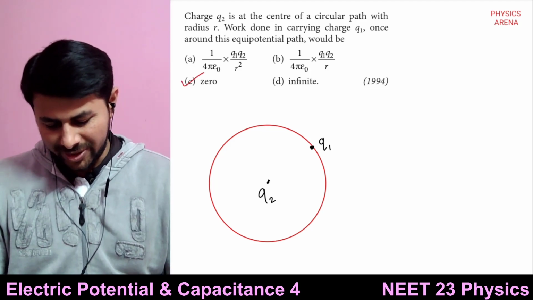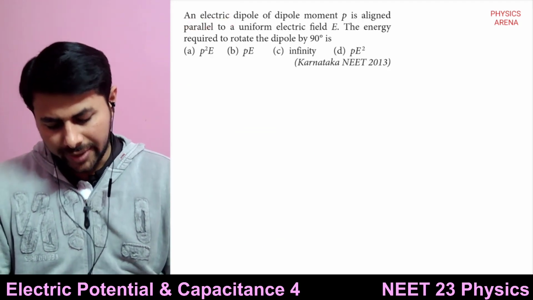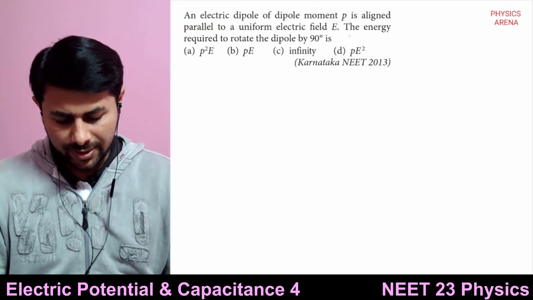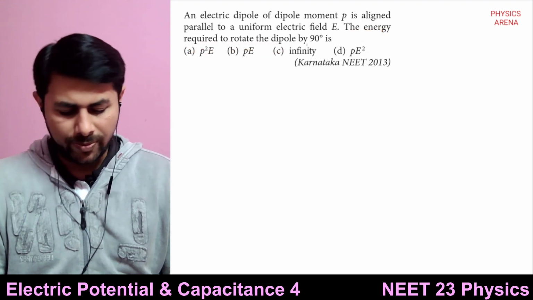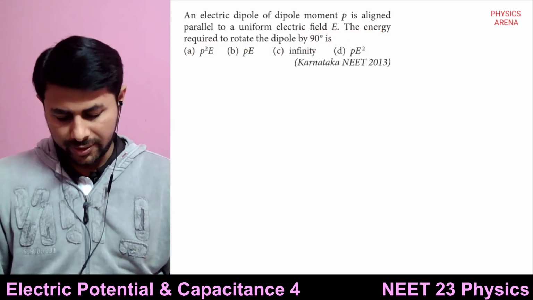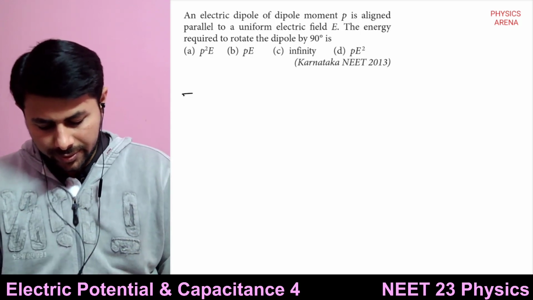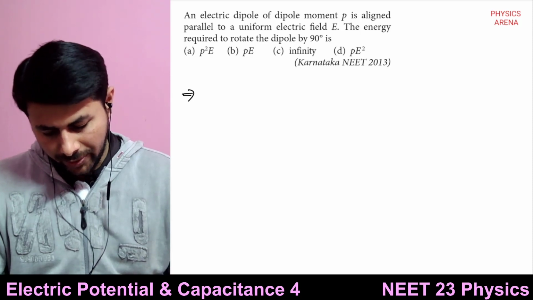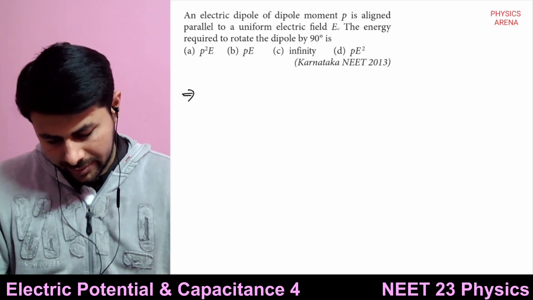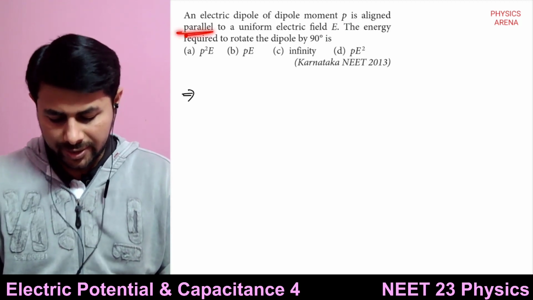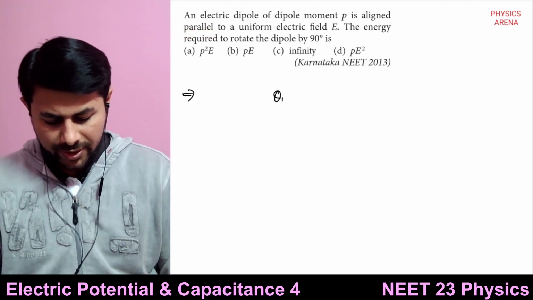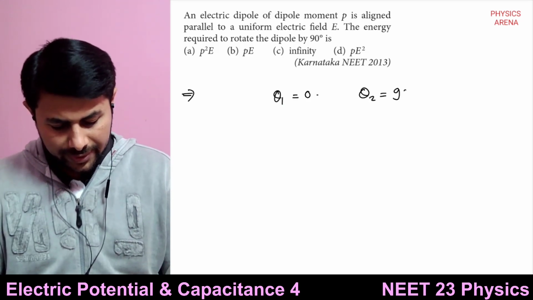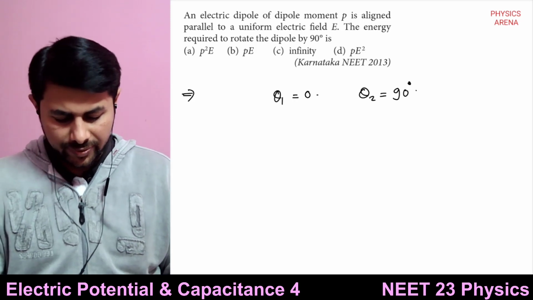Right? Option C. An electric dipole of dipole moment P is aligned parallel to a uniform electric field E. The energy required to rotate the dipole by 90 degrees is. This is the question. So the dipole is parallel to the uniform electric field. Initially it's parallel, so theta 1 is 0, right? Theta 2 is 90 degrees. So what is the energy required?